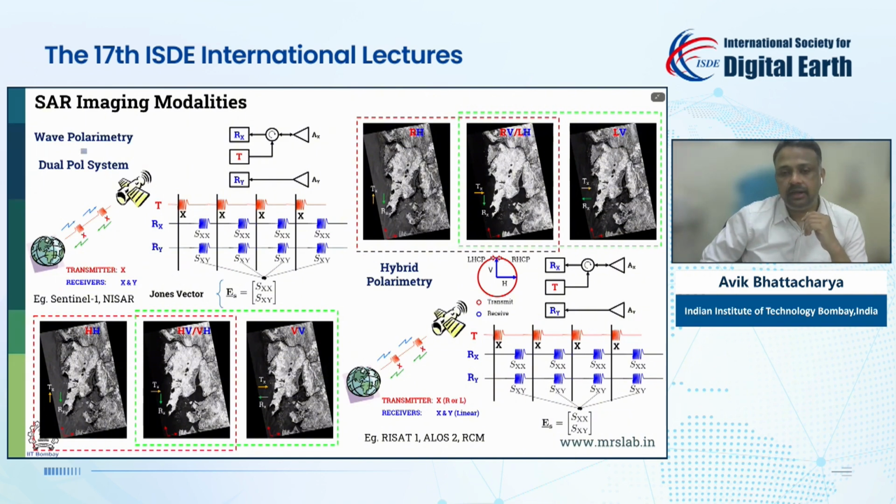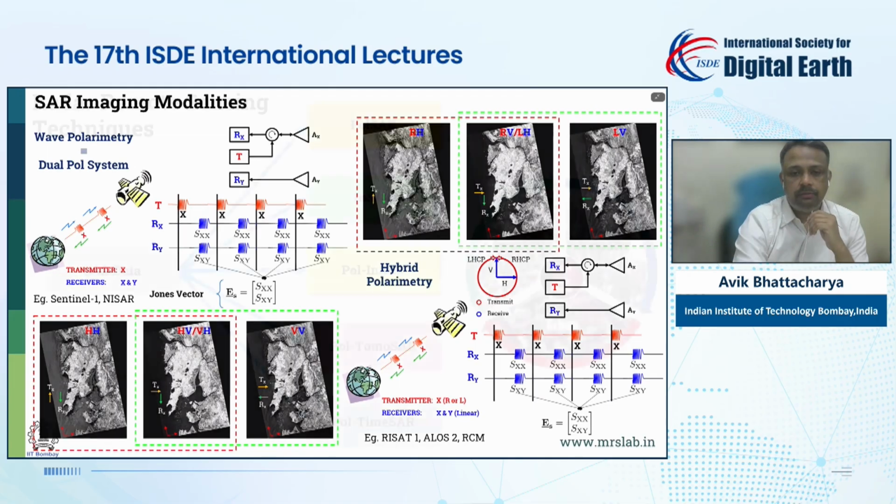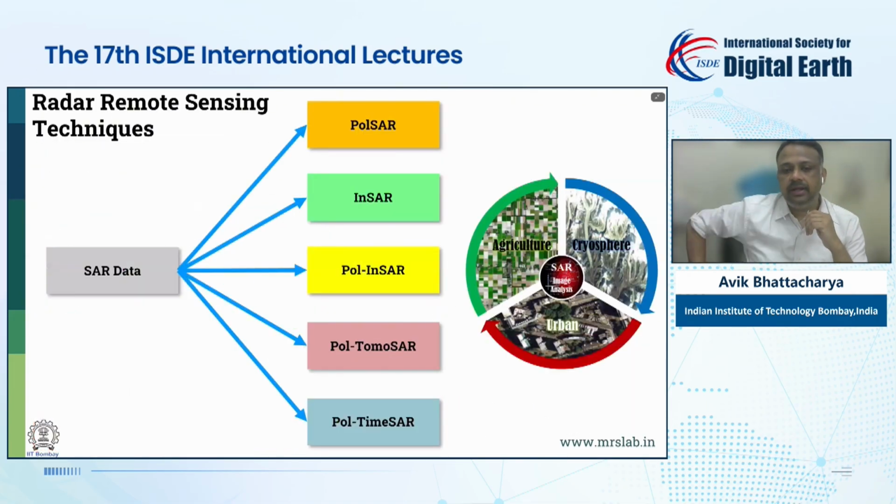So the idea is how to extract different information pertaining to different kinds of applications from these datasets. There are many techniques available to extract information from such datasets. From SAR data, you can do polarimetric SAR, interferometric SAR, Pol-InSAR, and time-series SAR.